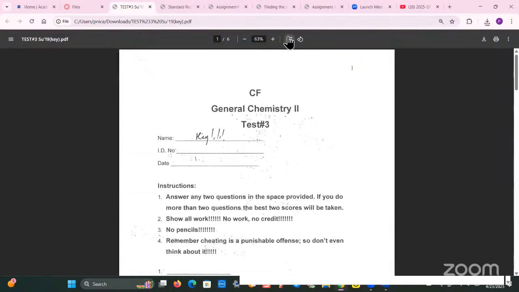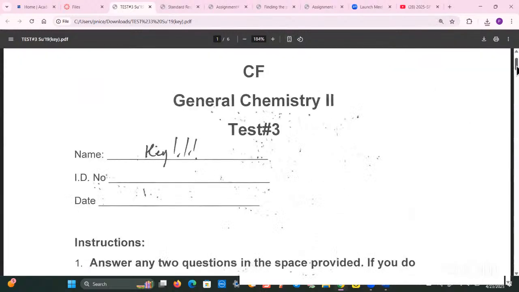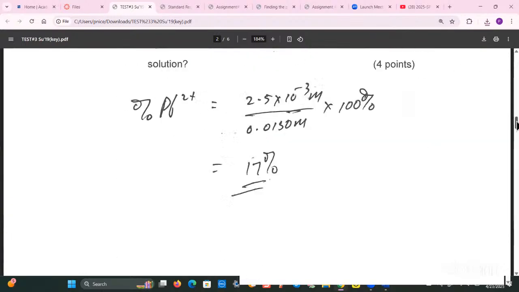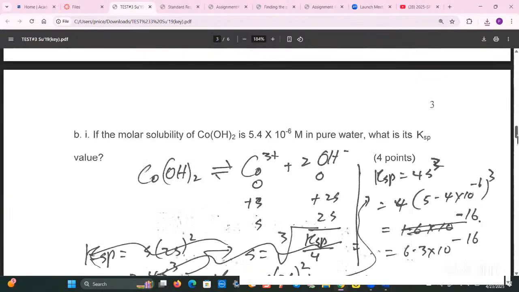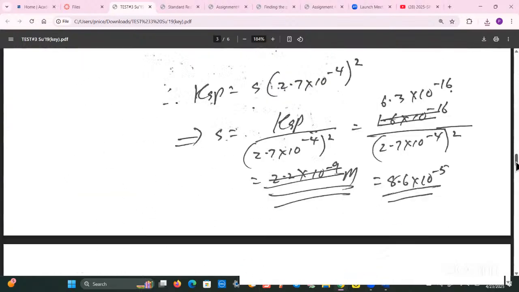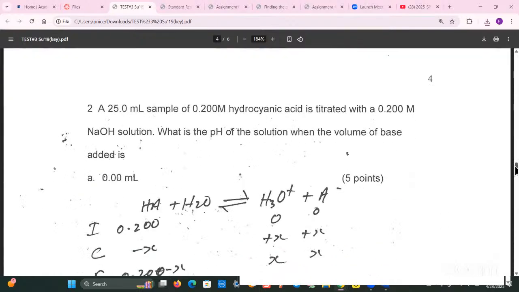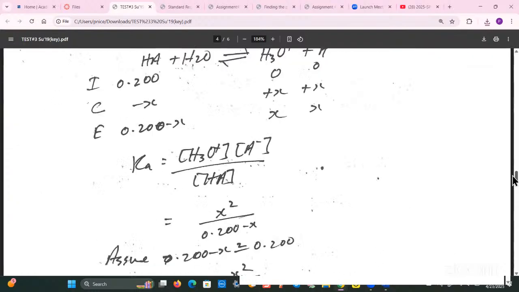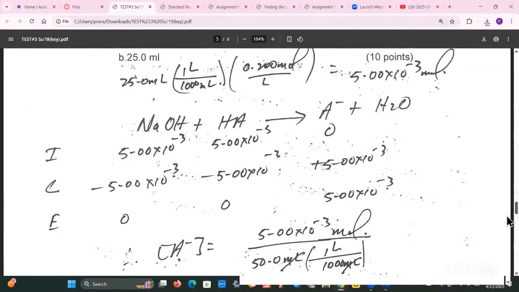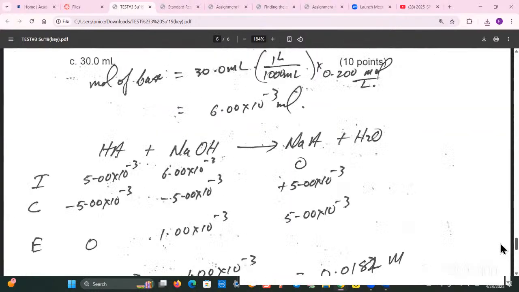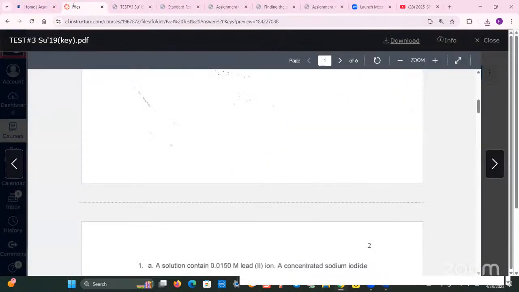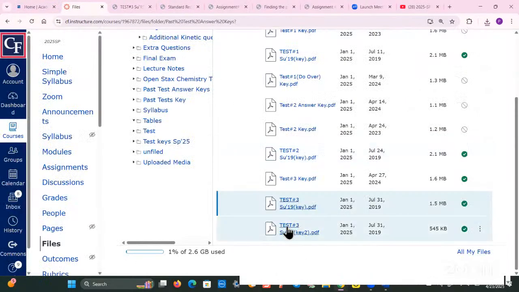Okay, so let me see, I just want to check the topics here. Okay, so this is a case B problem. This is another case B problem. And this is a titration like the one that we did just now, so you may want to review that. Okay, so that's one, and then this other one down here.